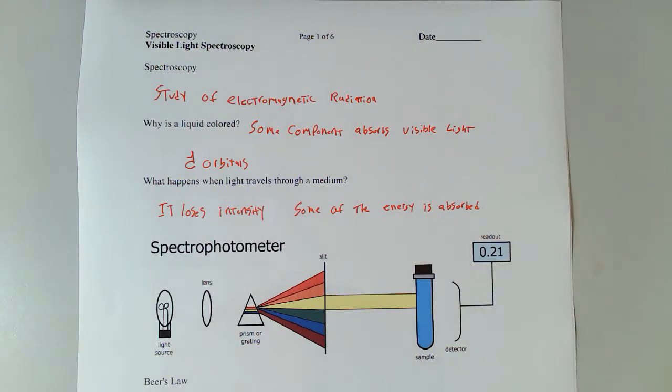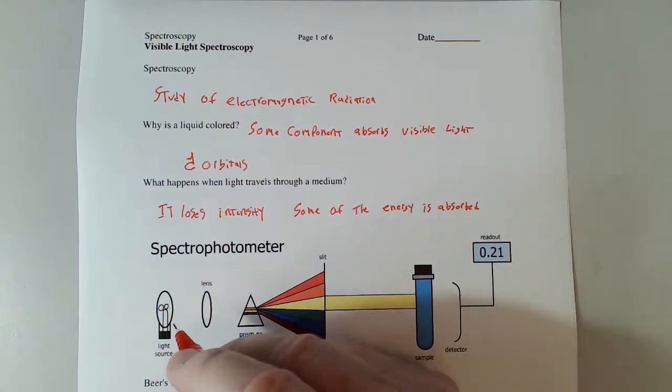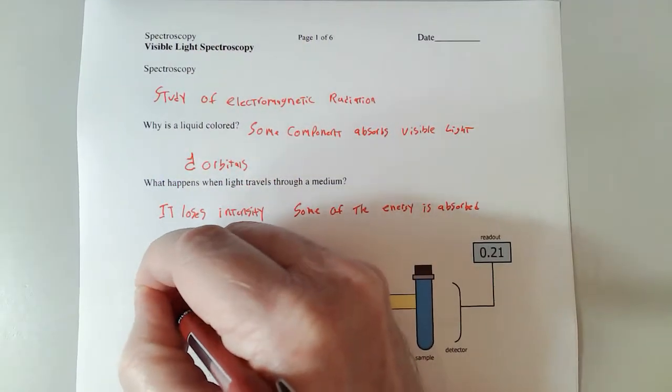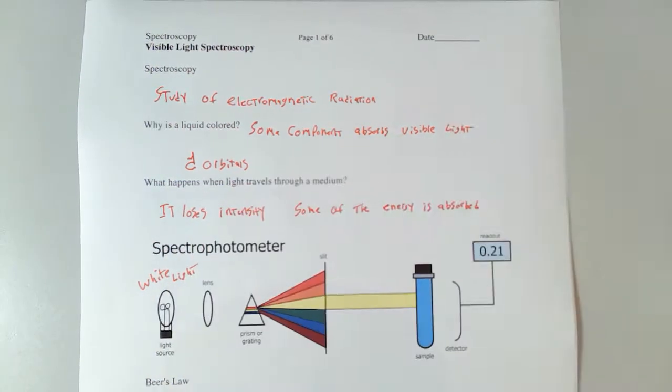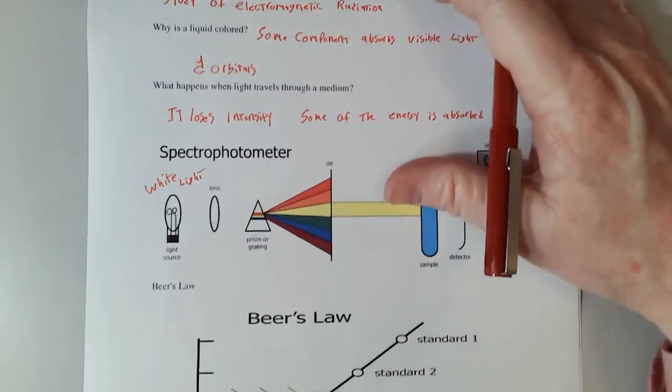Okay? So what I have here is an outline of a spectrophotometer. And this is just a pretty general, run-of-the-mill outline of what it would look like. We have a light source, which in this case will be what we call white light, meaning a mixture of all wavelengths.